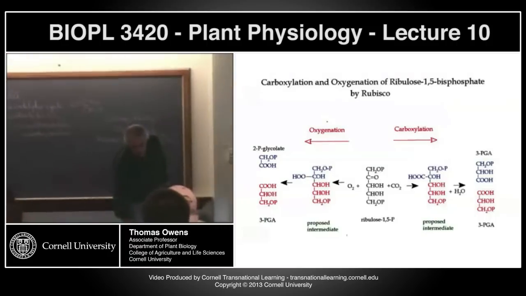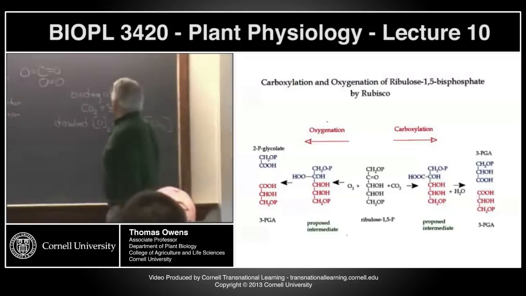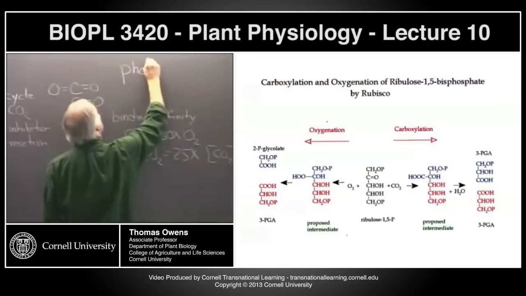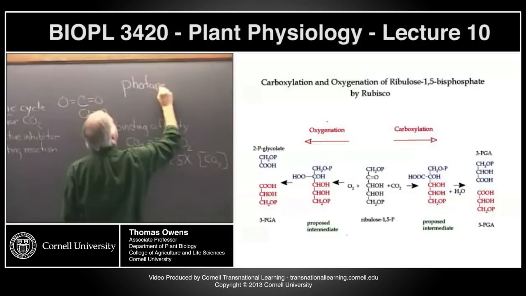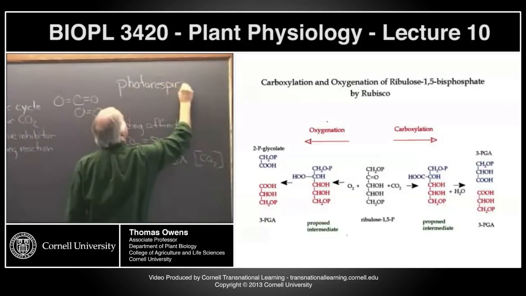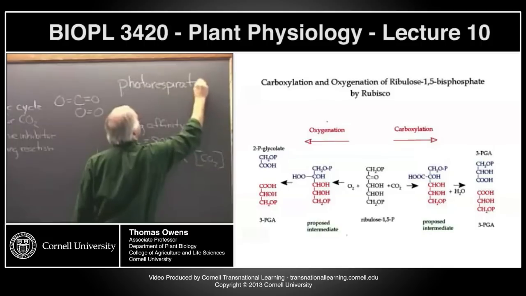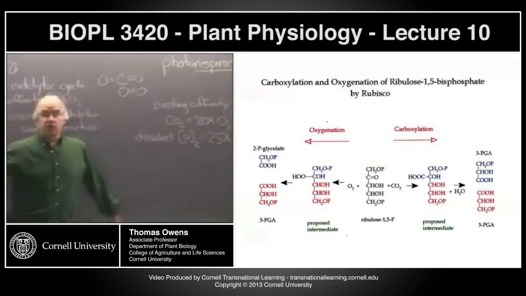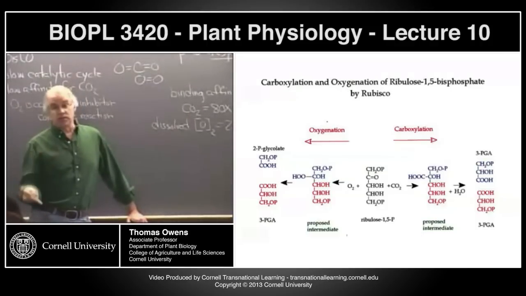We need to think about how plants deal with it. And the way this is dealt with is through a process that's referred to as photorespiration. The respiration part of it comes from the fact that there's an uptake of oxygen, and as we'll see in just a minute, there's also a release of carbon dioxide.